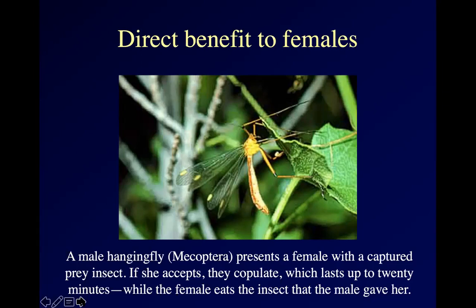And it turns out that it was linear. The length of time spent copulating is directly linearly proportional to the amount of sperm that the male can transfer, up to about 20 minutes.